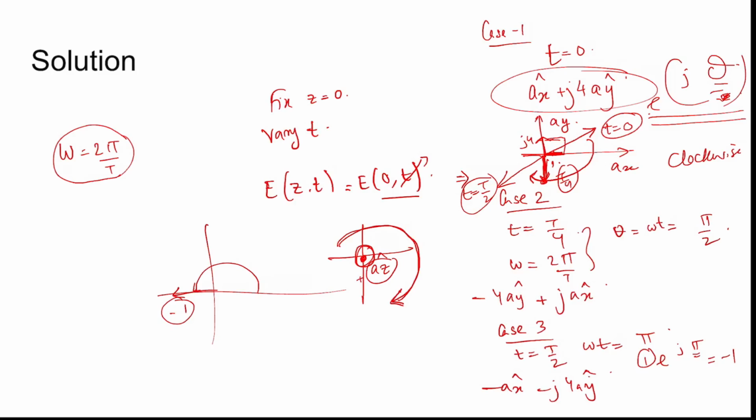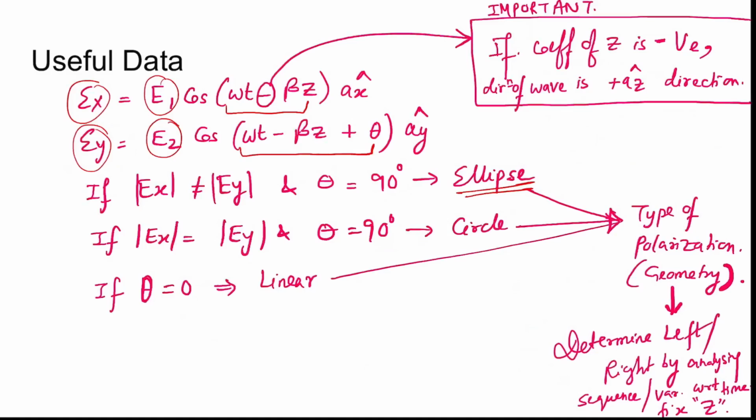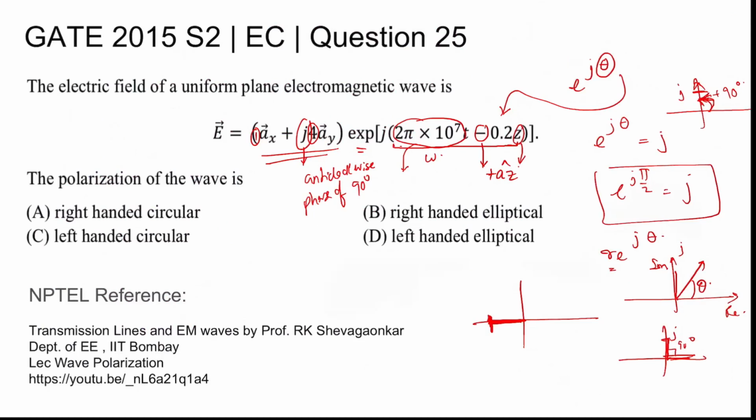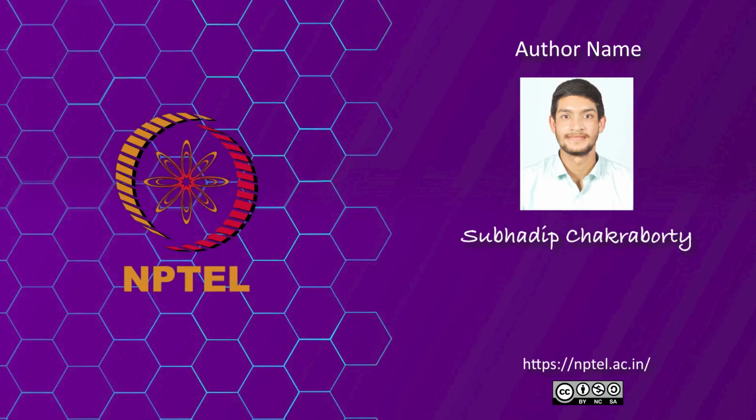So your left hand is the correct hand to identify this polarization, and it is left polarized with the geometry previously identified to be elliptical. So left elliptical polarized is the answer. So the answer is left-handed elliptical polarization. Option D is correct. Thank you.